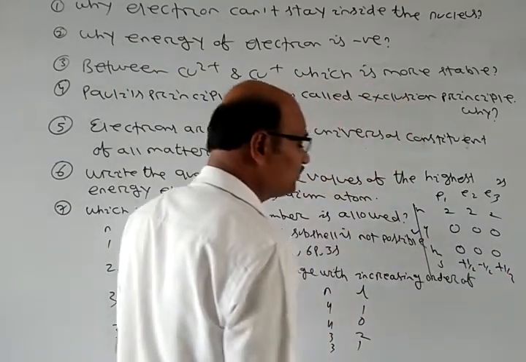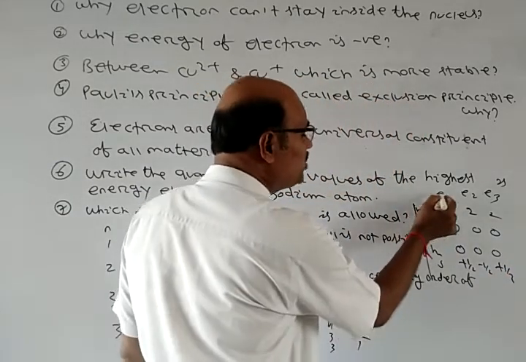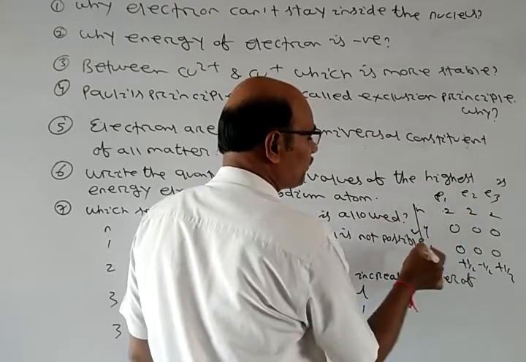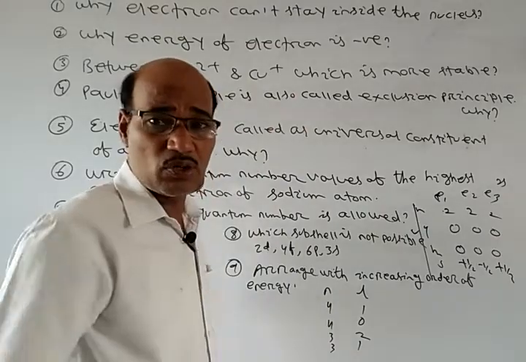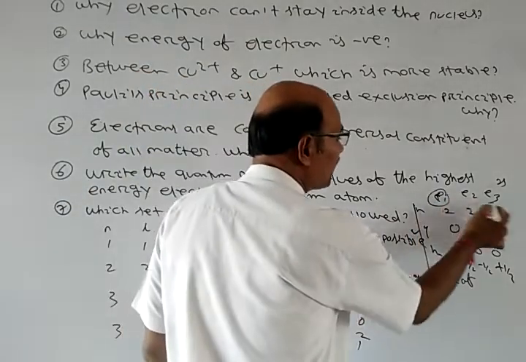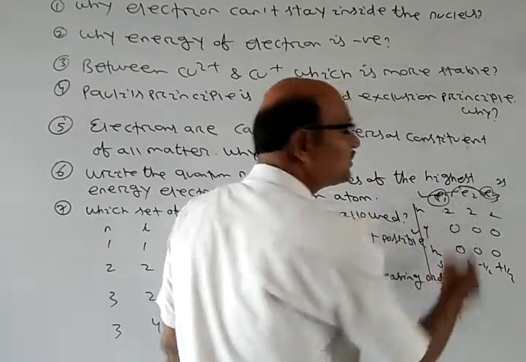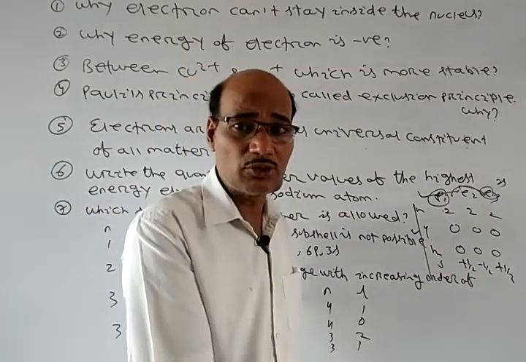Now you will see E1 is 2, 0, 0, plus half, and E3 is again 2, 0, 0, plus half. That means the set of quantum number values for E1 and E3 becomes equal, which is not possible according to Pauli's principle.